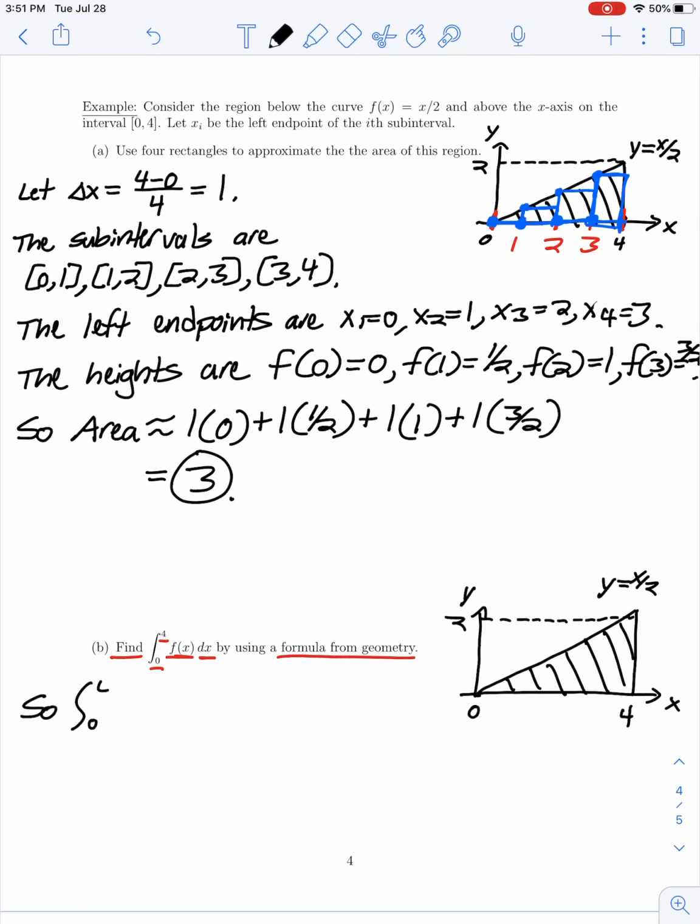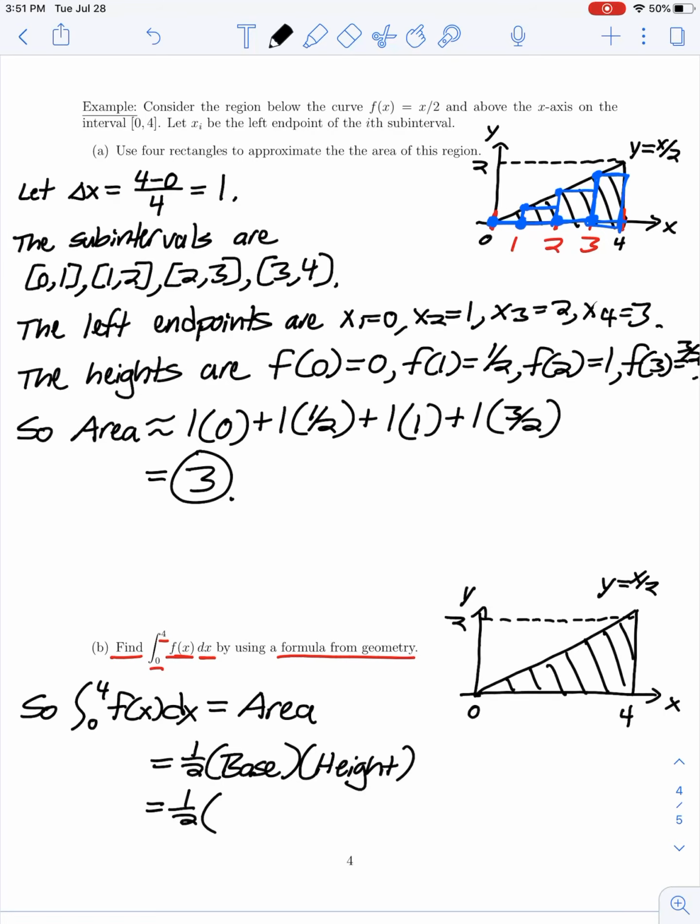So here, our area, which is represented by this definite integral, is given by 1/2 of the base times the height of our triangle.